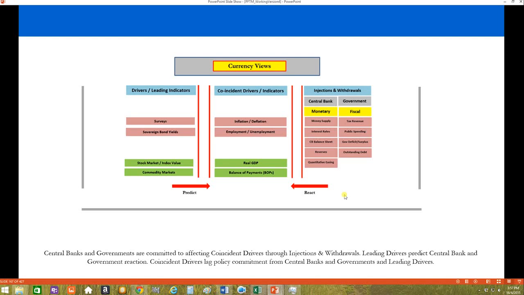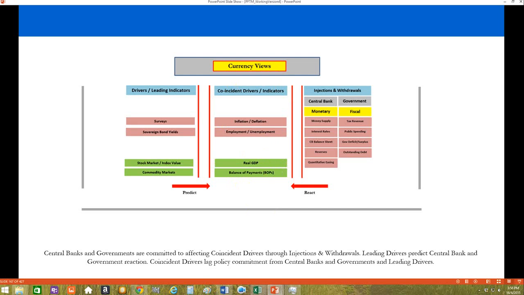We must understand that these drivers here are reactionary, and we must understand that these are coincident indicators that don't tell us what's going to occur in the future, but give us a very good snapshot of what's happening right now and what these guys could possibly be doing in reaction to leading indicators that predict in the future what's going to happen here.